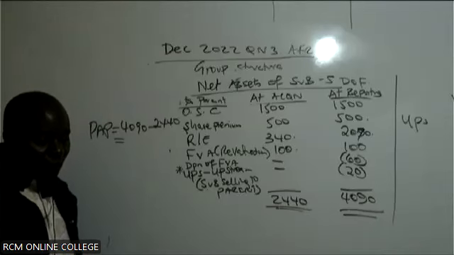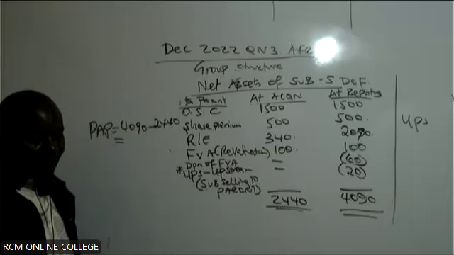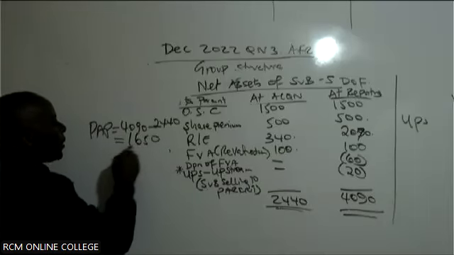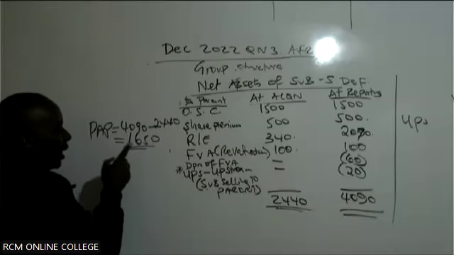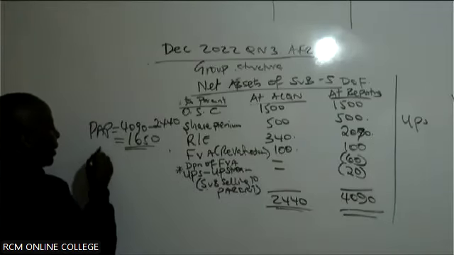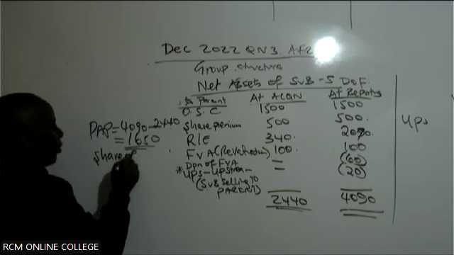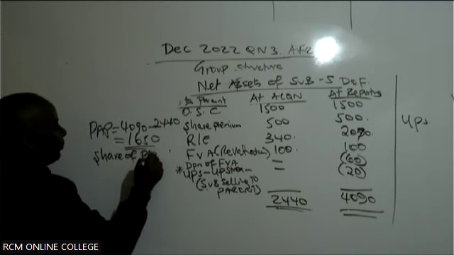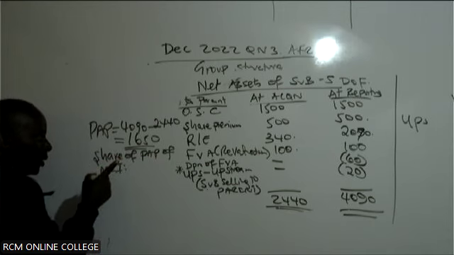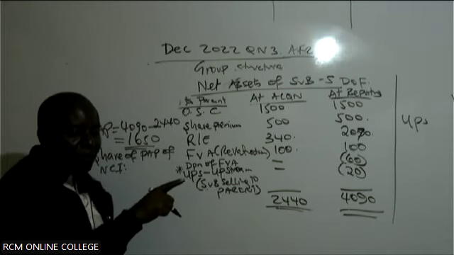So are you able to give me this post-acquisition profit? 4090 minus 2440. So this gives me 1650. What I'm interested in mostly is the share of NCI. Go ahead and give NCI their share of PAP. So remember, what is the NCI percentage in this equation, in the entire group for S?